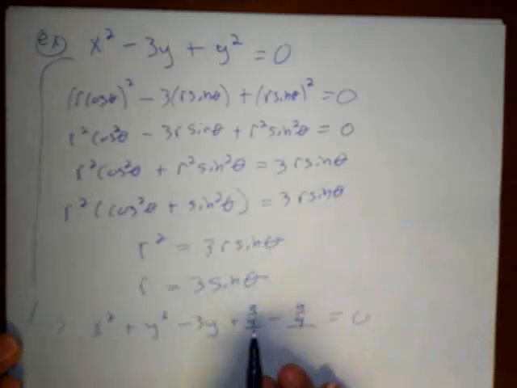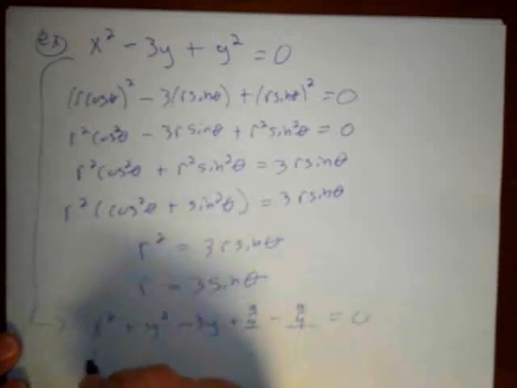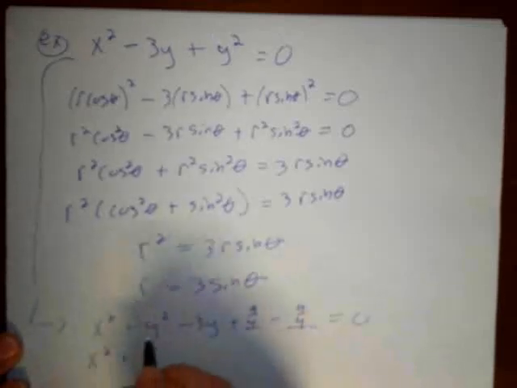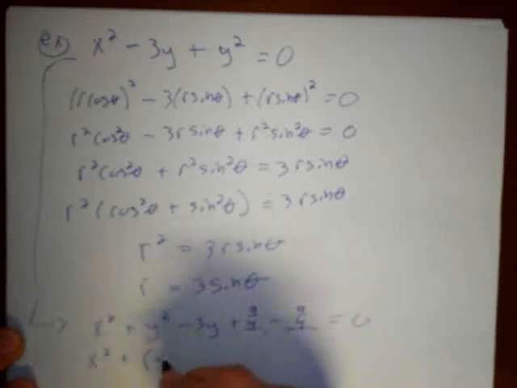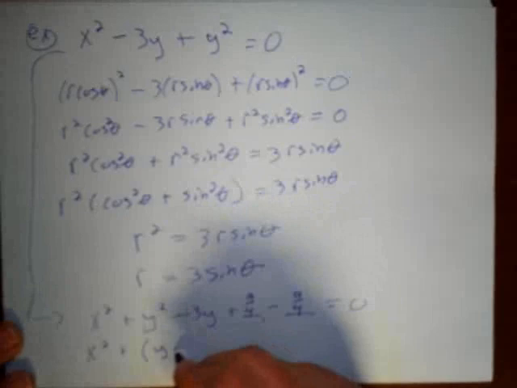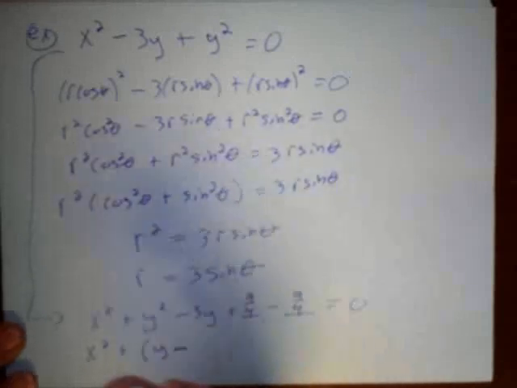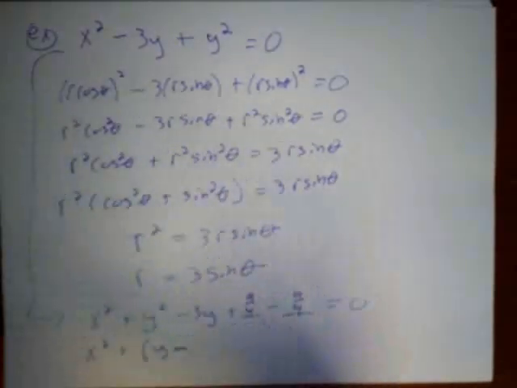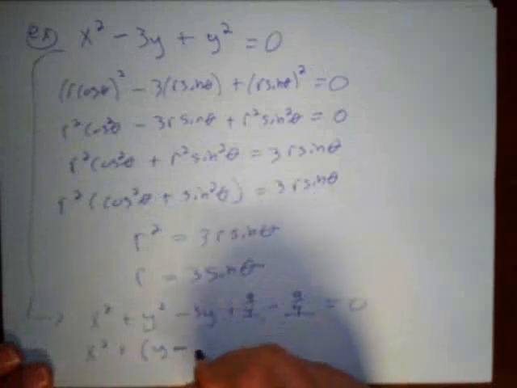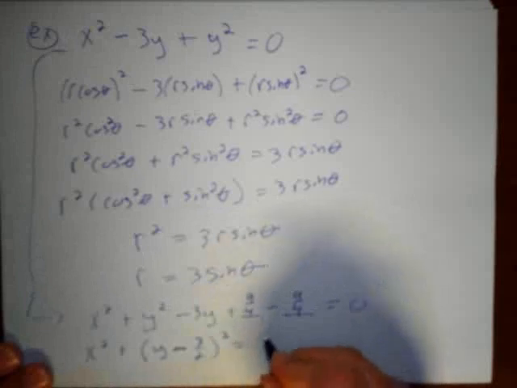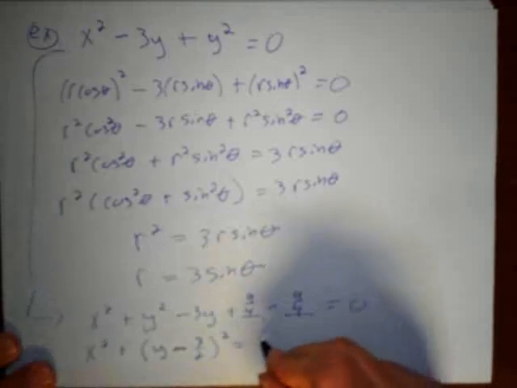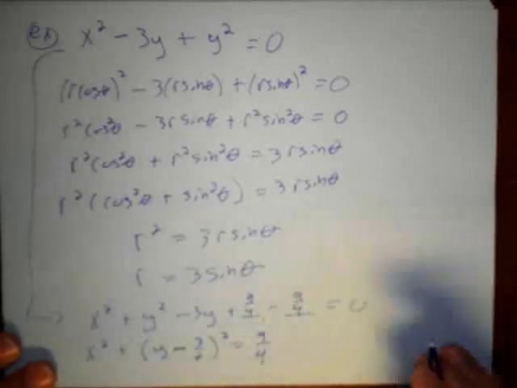Okay, and so this would move to the other side, and then this thing here would factor into, or condense into this, and this would be the 9/4 on the other side.